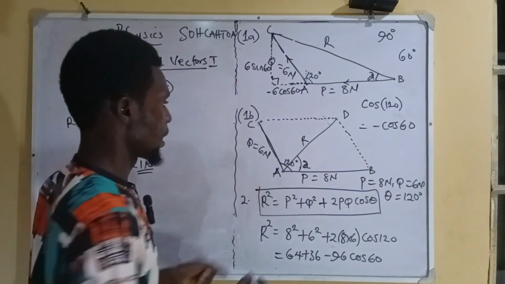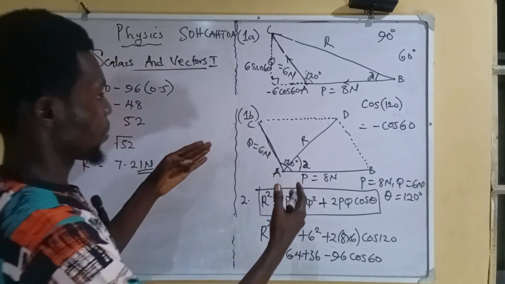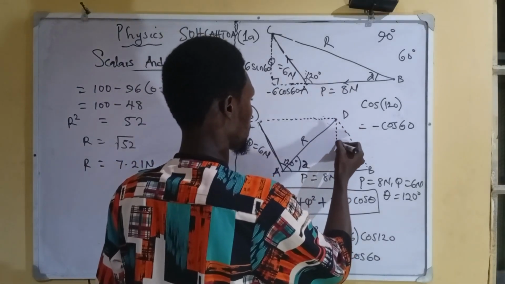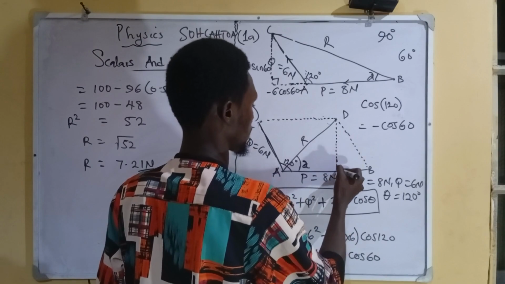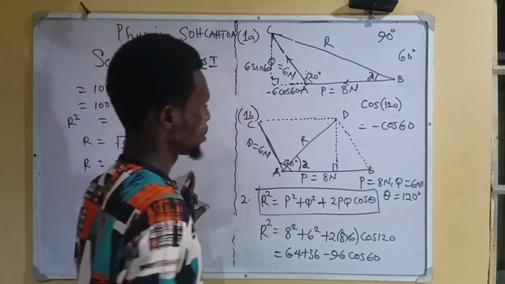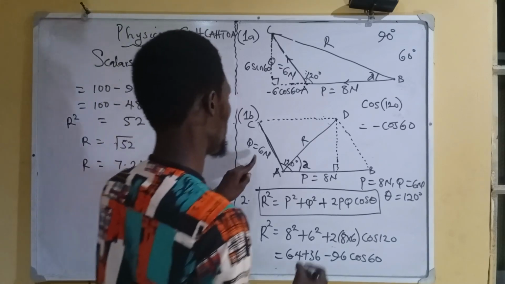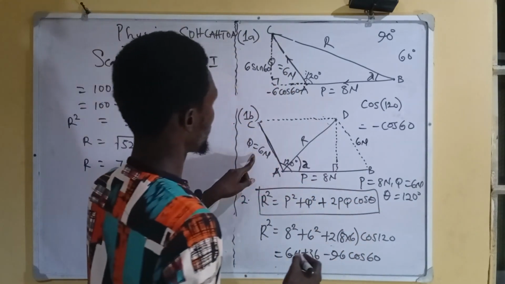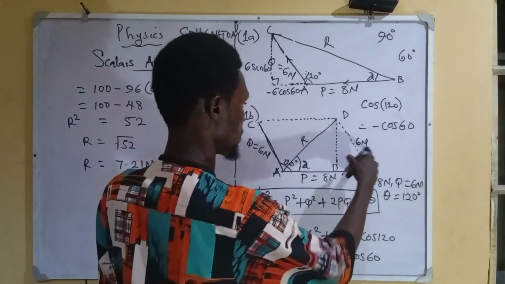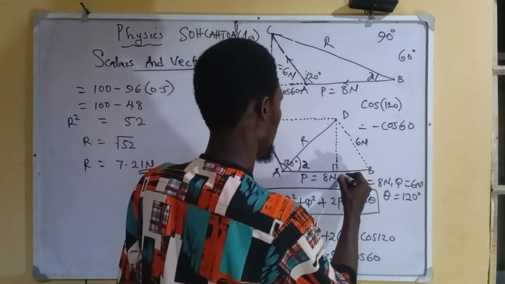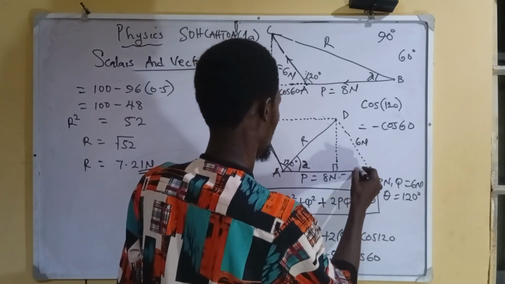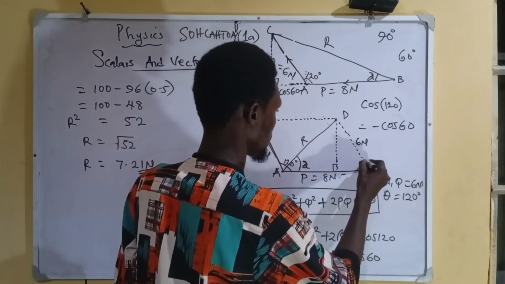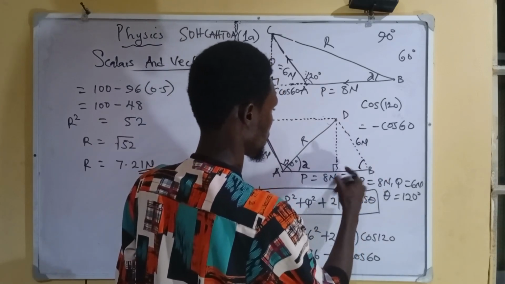But if you are using this other diagram, which is your parallelogram, if you extend it like this, you're going to have a right angle triangle here. Remember, this is your 6 Newton. This thing is still the same. So if you have your 6 Newton here, down here you're going to have minus, okay? So this is your 60 degree.